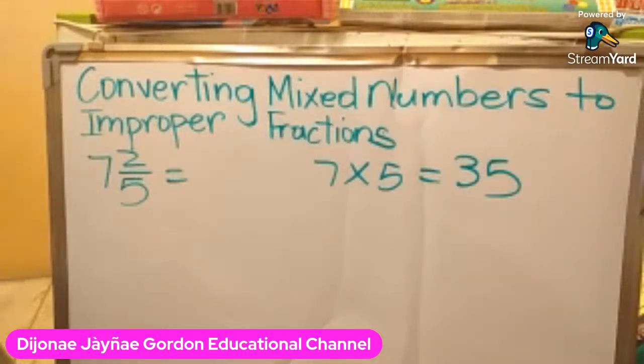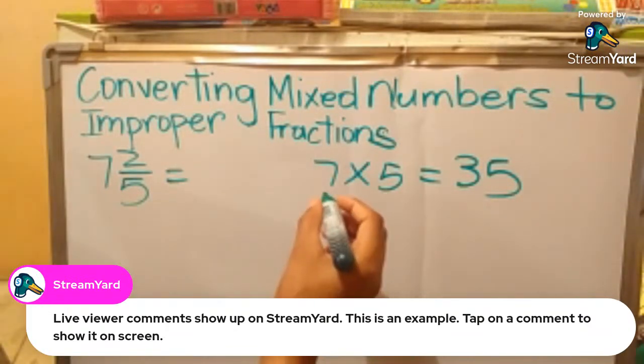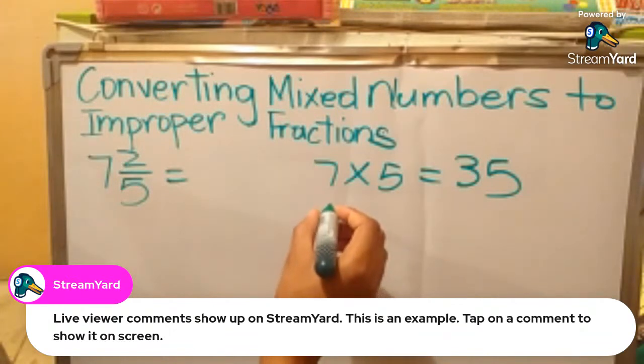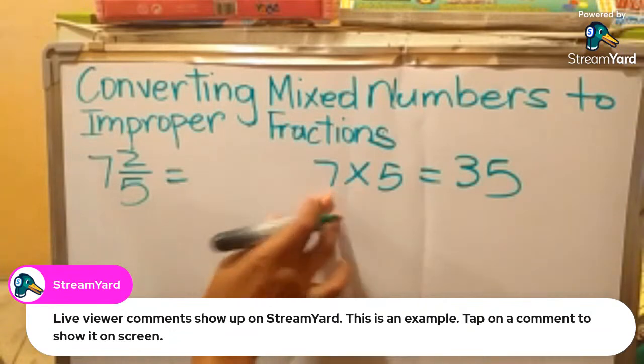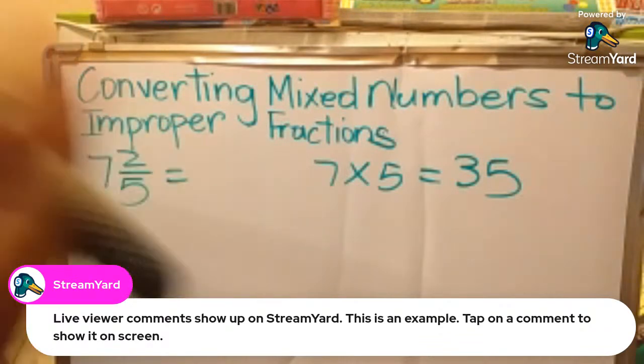All right. So the next thing we need to do is that we need to multiply, or we need to add, or we need to divide. What do we need to do next? We need to add.